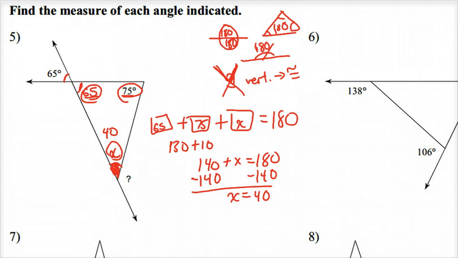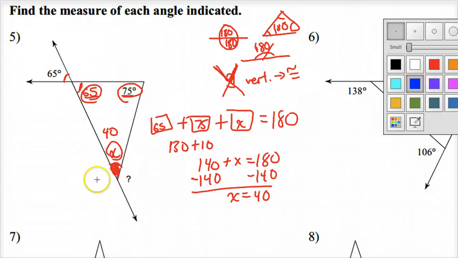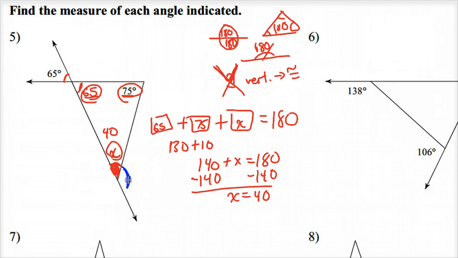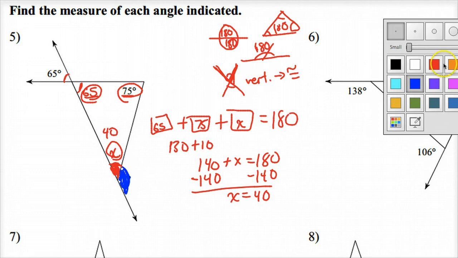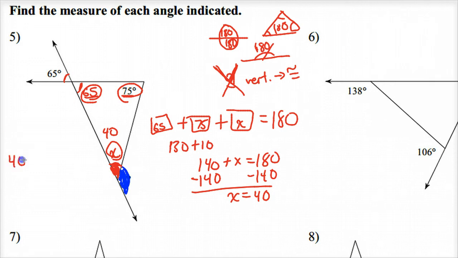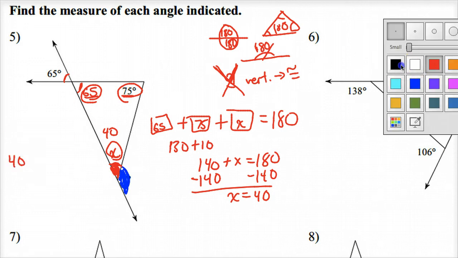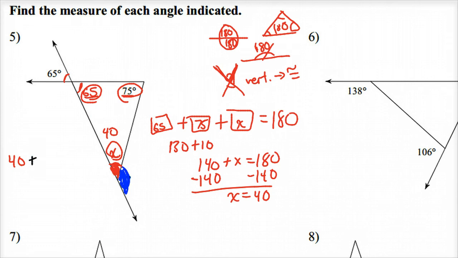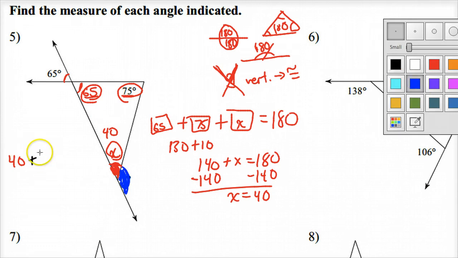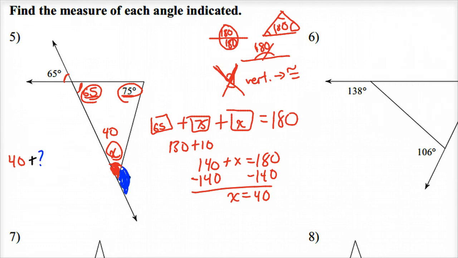But wait, that's not even what the question asked for. They're asking us for this blue angle on the outside. But if you put that red and blue angle on the outside together, you get 180. So I know that the 40 plus whatever the question mark is, together those make a straight line, and straight lines are 180.